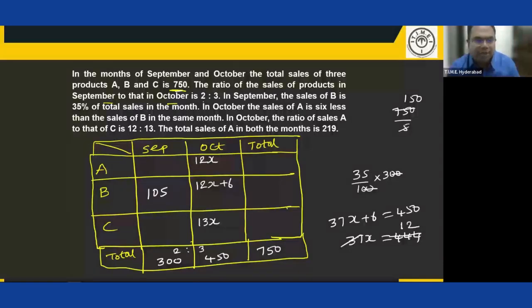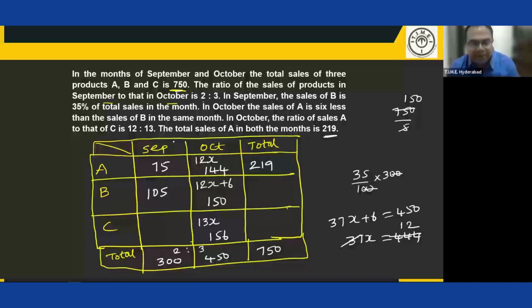X is equal to 12. 12x will be 144, and 12x plus 6 is 150. Wait, B in October is 150, and C is 13x, which is 156. We know that total sales of A is 219. So 219 minus 144 is 75.